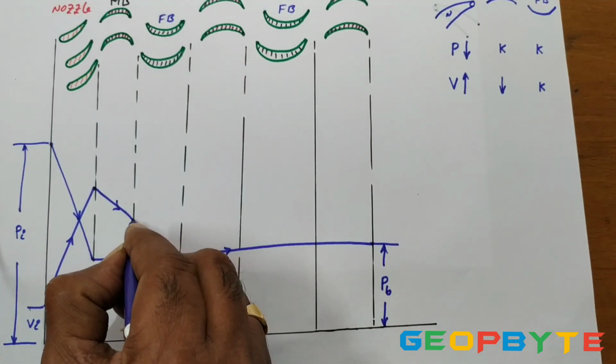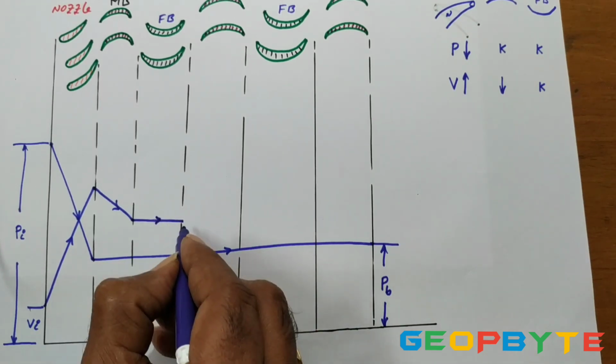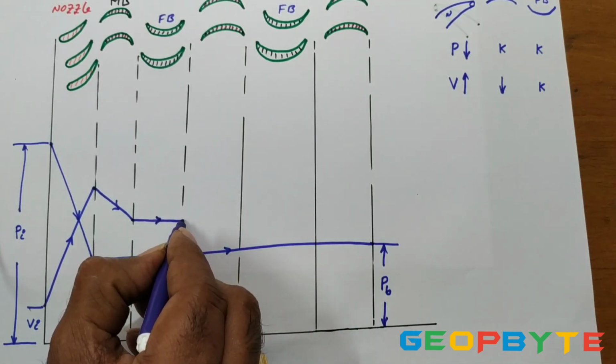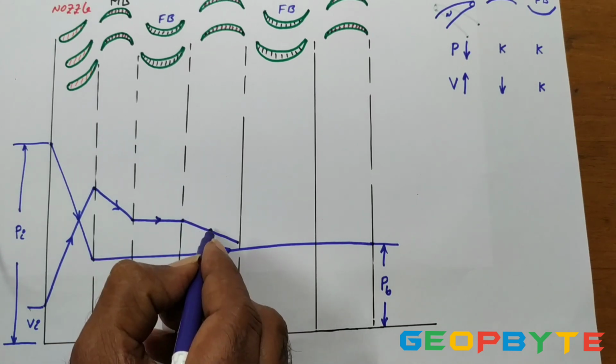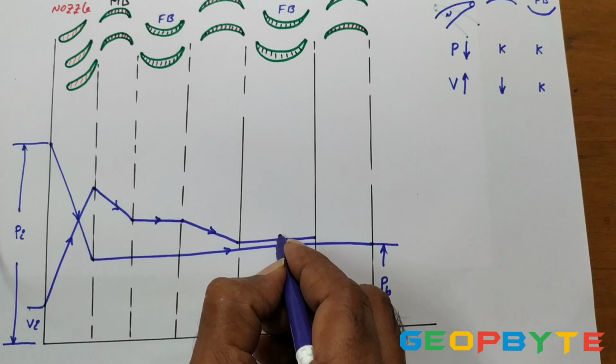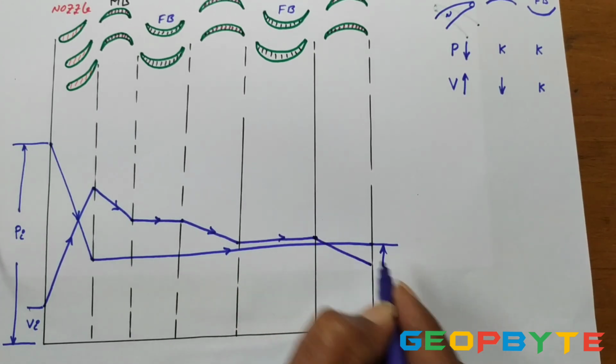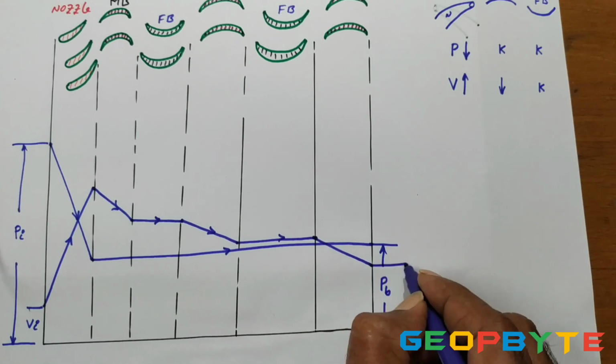This velocity remains constant in the fixed blade section, and the velocity further decreases in the next mobile blade, remains constant in the fixed blade section, and further decreases in the mobile blade section.